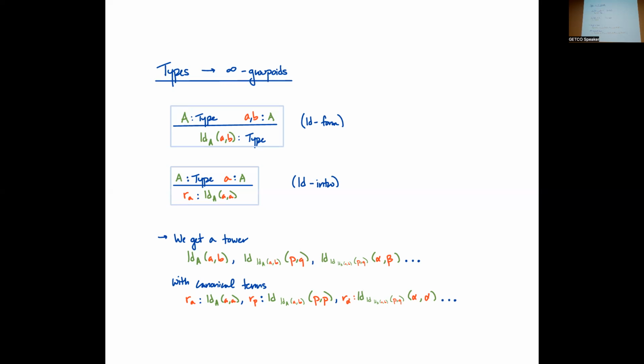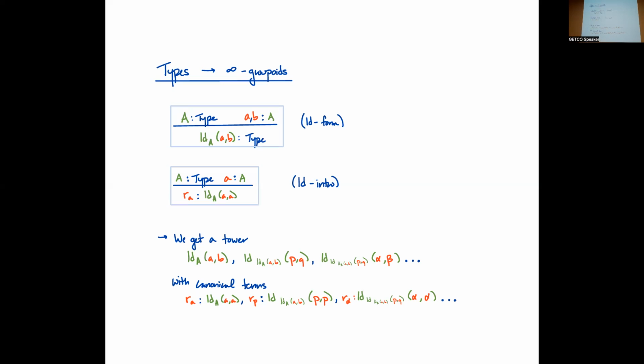Okay, so as Eric also explained, we get a tower of identity types. If we have a type, we think about it as a space. We have a type with terms in it, like points. Then between any 2 points we have a type of identities. There might be multiple ones. And between any 2 identities, P and Q, between A and B, we might have a whole identity type there. So it might be higher identities or paths, and so on and so forth.